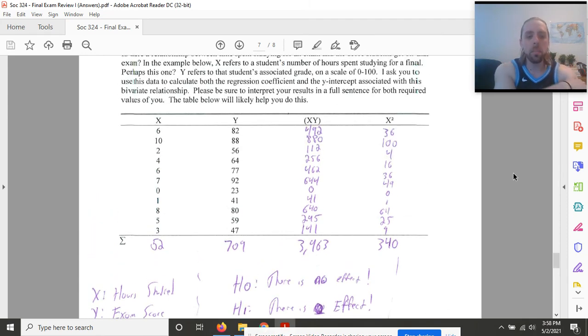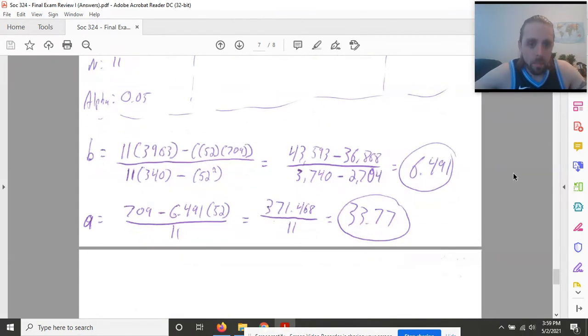So back to my summations. I have these data points here, and what do you see? Summation of x is 52, the summation of y is 709, the summation of xy is 3,963, and the summation of x squared is 340. Do it.